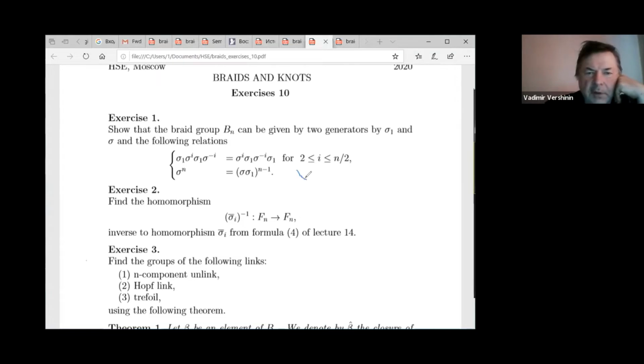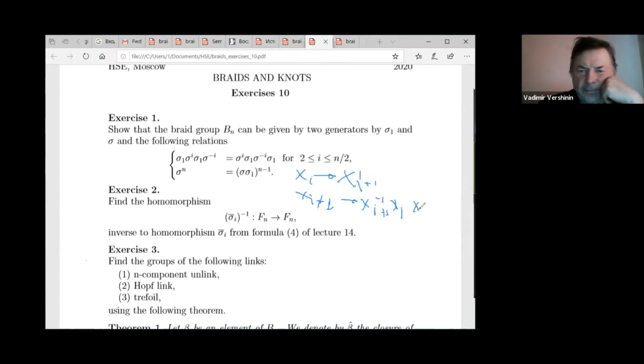So I remind that x_i goes to x_i x_{i+1}, and x_{i+1} goes to x_{i+1}^{-1} x_i x_{i+1}.